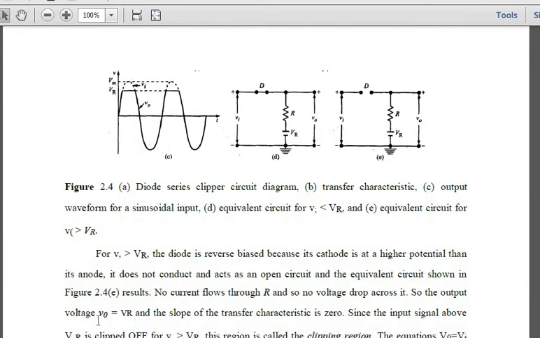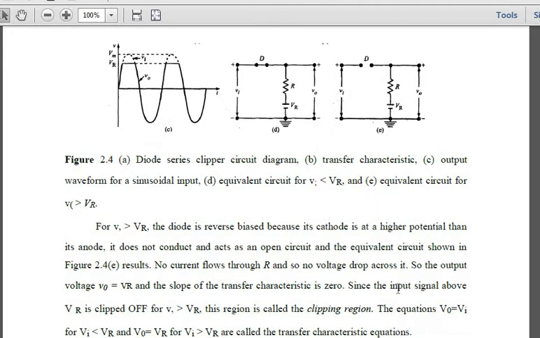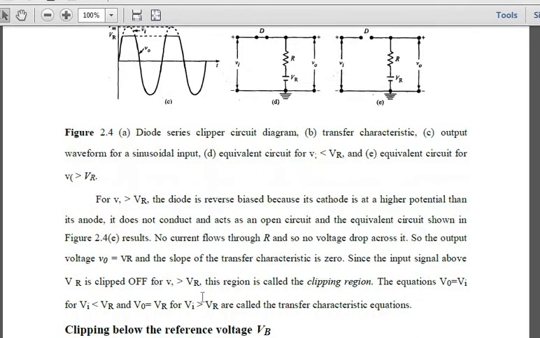So the output V0 is equal to Vr, because Vi is not going through, since it is an open circuit. So the slope of the transfer characteristic is 0, and the input signal above Vr is clipped off, for Vi greater than Vr. So this region is called your clipping region.